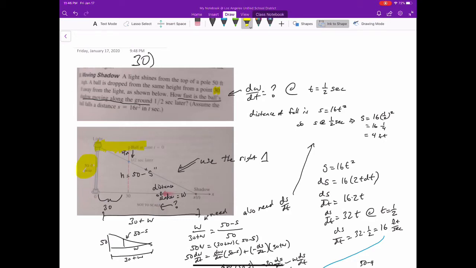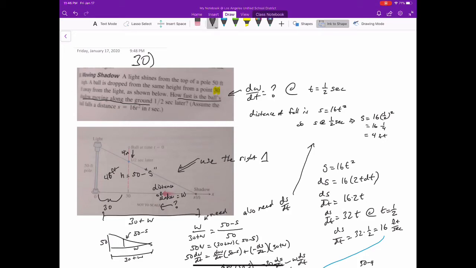If it's 50 feet, that means it's 50 minus 4, which should be 46 feet.